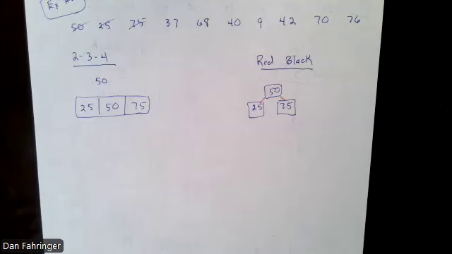As always, the first three numbers are easy. It looks something like this. Did the 50, did the 25, did the 75. They're all siblings.